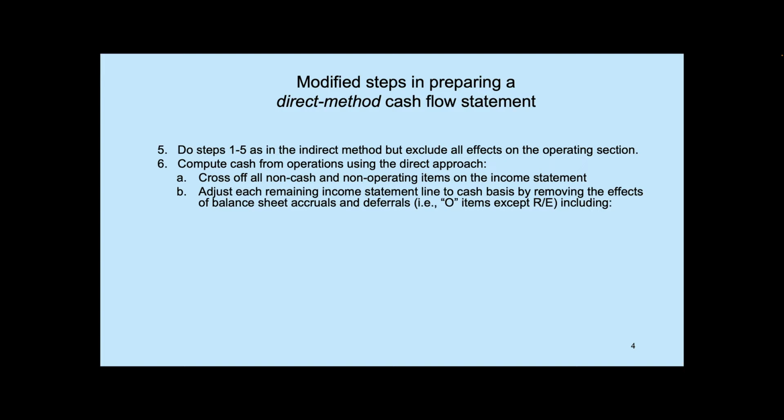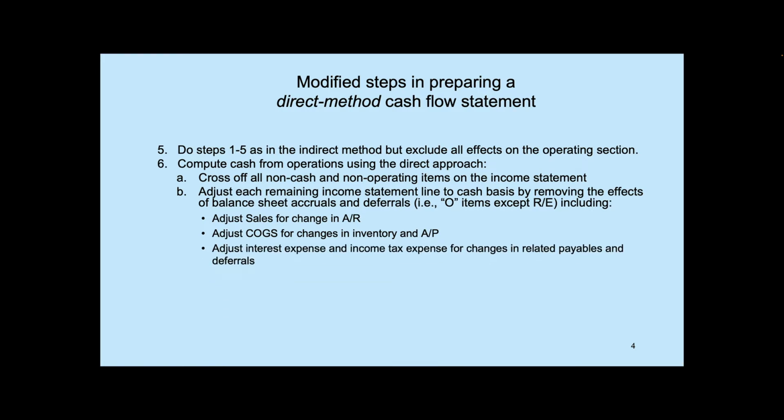In other words, we're going to look at the O items except for retained earnings, including adjusting the sales for change in accounts receivable, adjusting cost of goods sold for changes in inventory and accounts payable, adjusting interest expense and income tax expense for changes in related payables and deferrals.